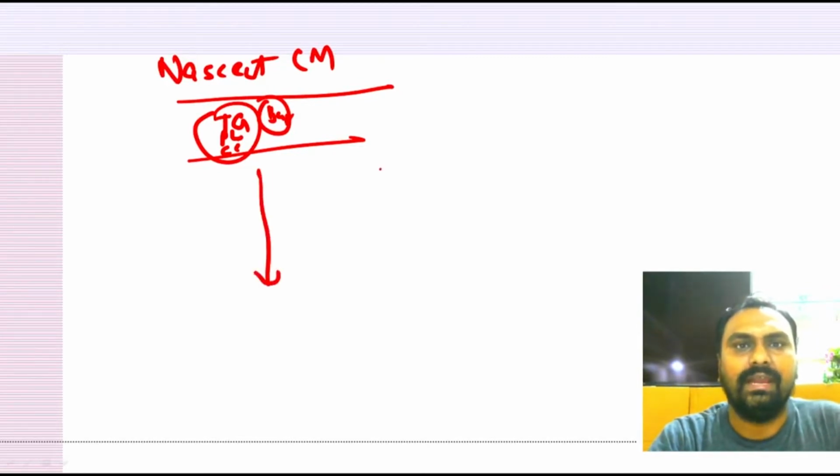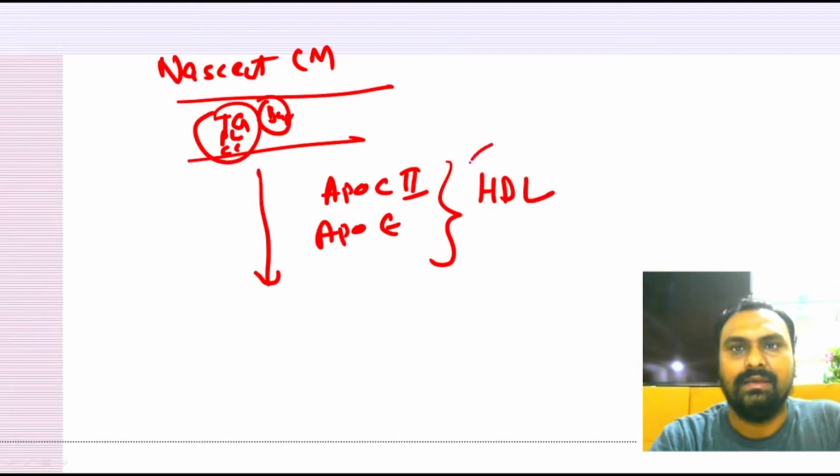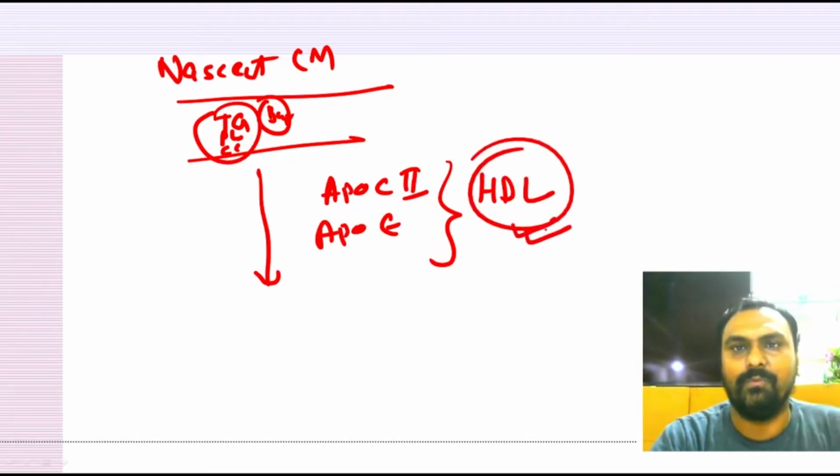Then they will get ApoC2 and ApoE apoprotein from HDL. HDL is a repository of apoproteins.